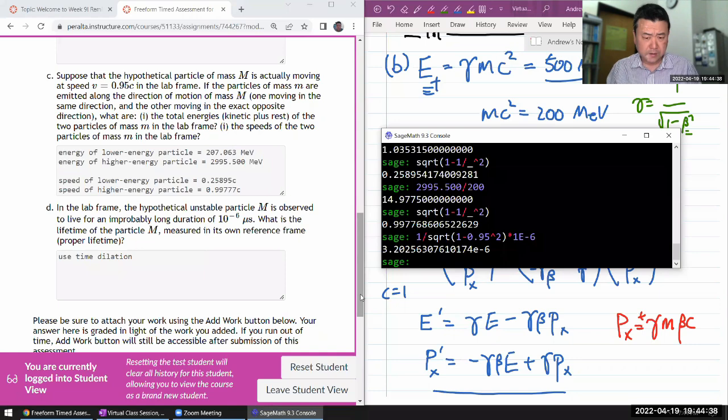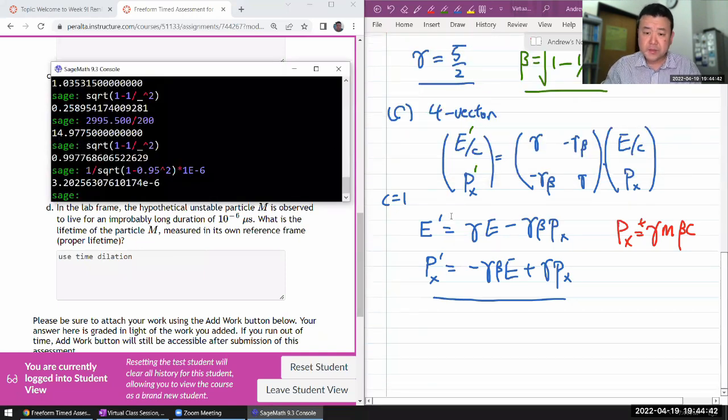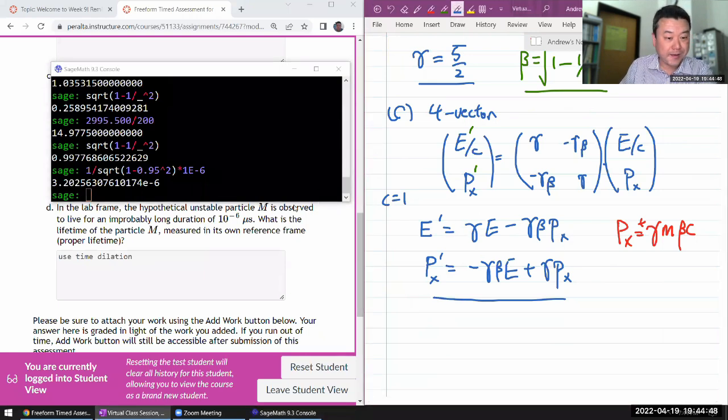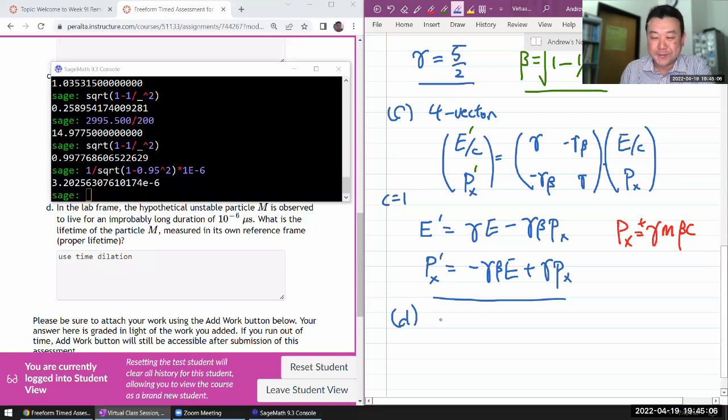So this is what I would recommend: if you see yourself running out of time, do put something in. That's why I put this in. Leaving it blank versus putting something in that's incomplete are two different things, because when I put this in, I'm signaling that I know how to do it. I just ran out of time. Whereas when it's completely blank, maybe you didn't know what to do. That's always a possibility.